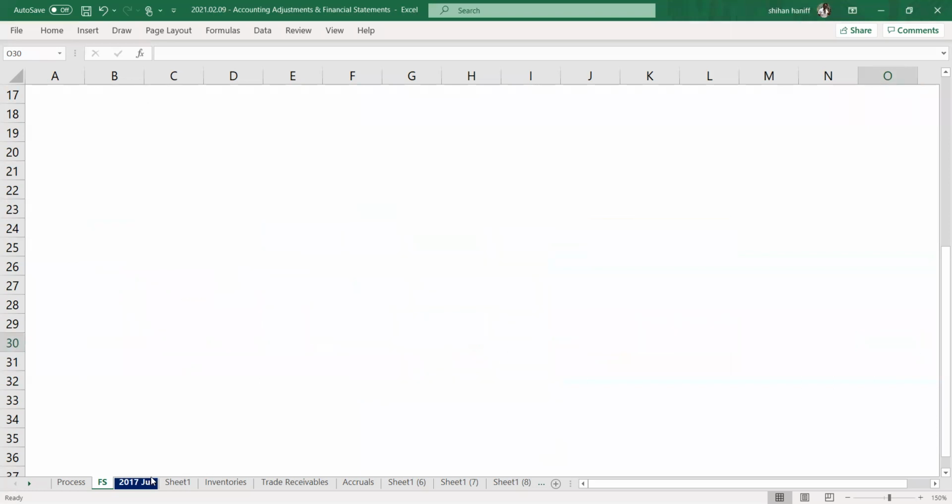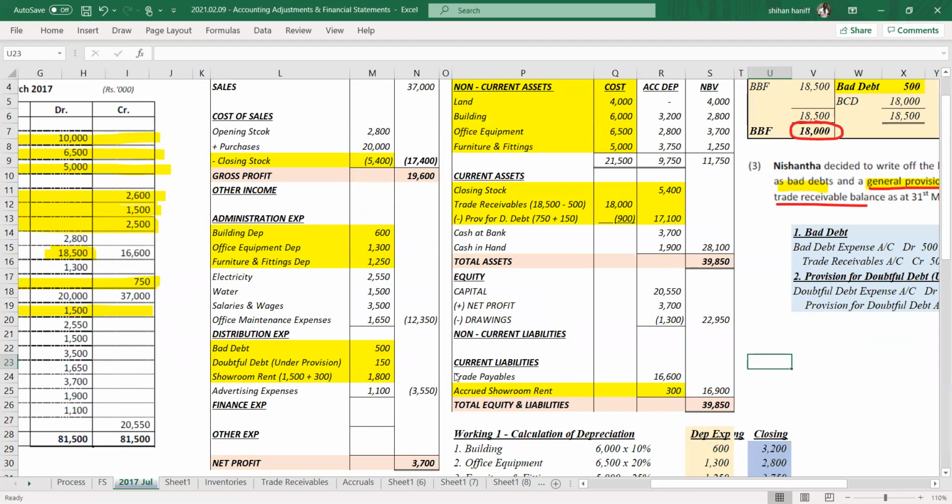Okay, then we did this example. Now I will explain the adjustments, right, once you complete this.